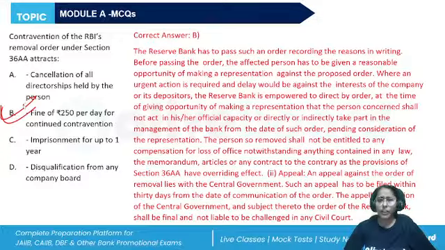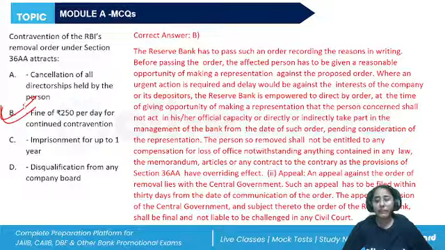They will also give an opportunity to the person against whom the proposed order is made. Where let's say it is urgent, then RBI can, without giving opportunity of representation, directly remove the person, right? And that person shall not be entitled to any compensation for the loss of office.